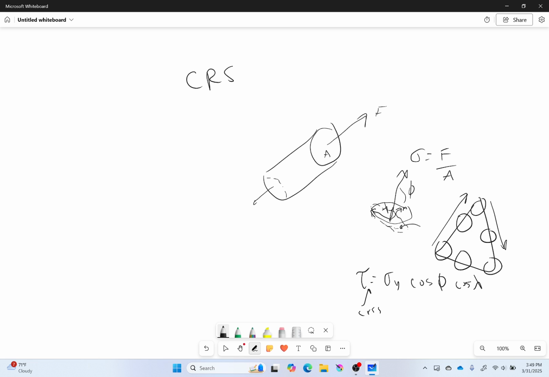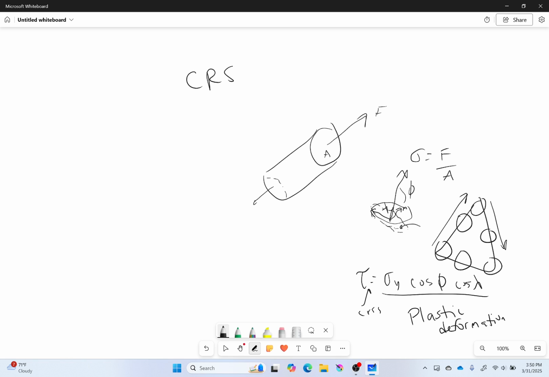Because if I have a stress that is large enough, it is going to cause it to shear along these planes. And when it shears, that leads to plastic deformation. The big thing is it's a really easy equation. You just need to know what the yield stress is, plug it in here, and you can figure out when it is going to shear or not.